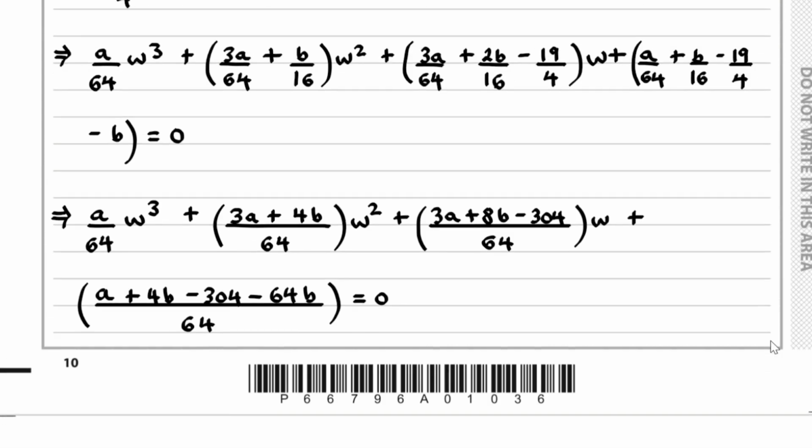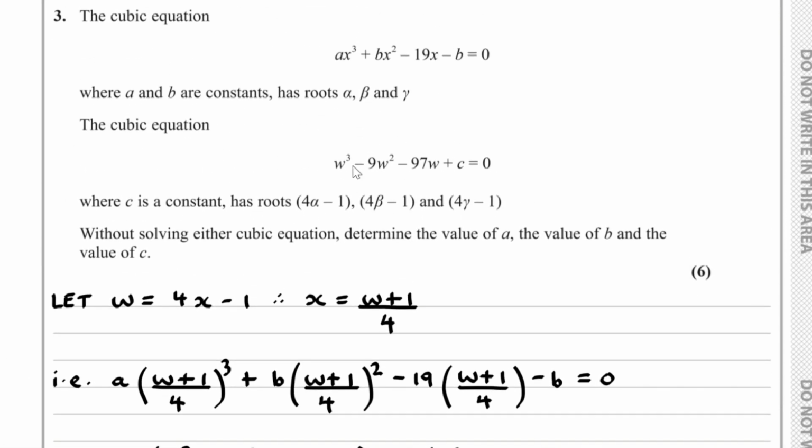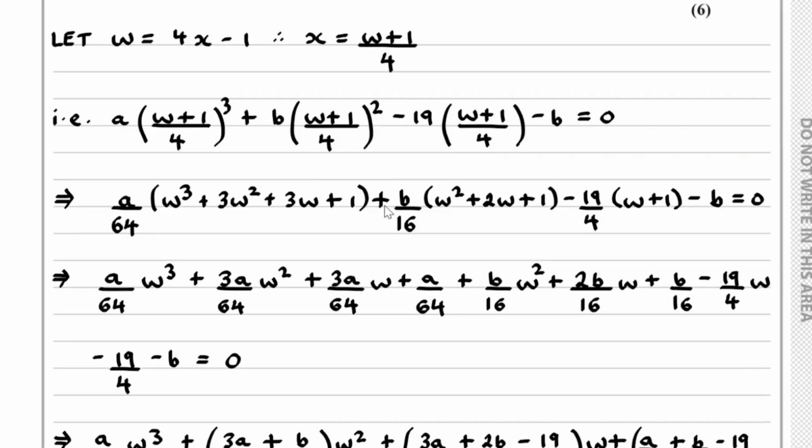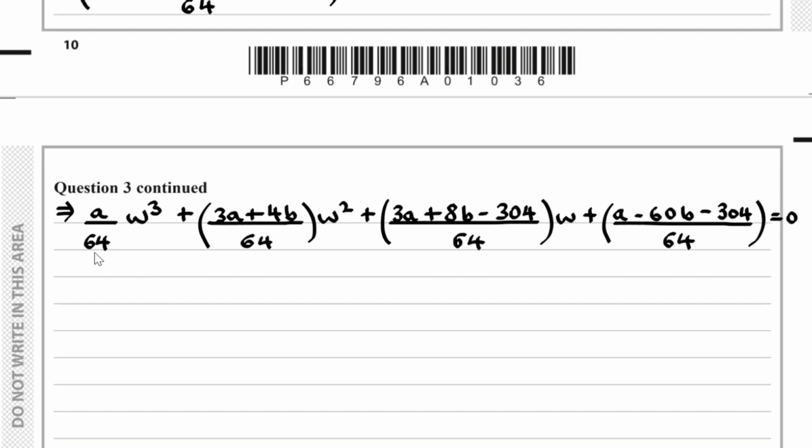Now, if we compare with this equation here, well, we've got a 1 w cubed, so we need to multiply through by 64 and then divide through by a.